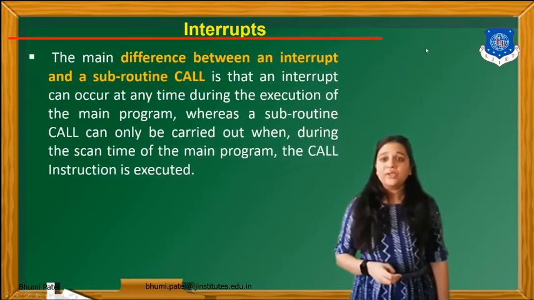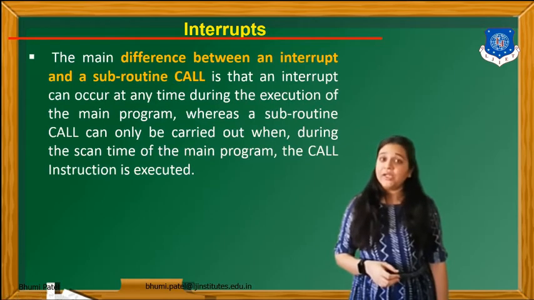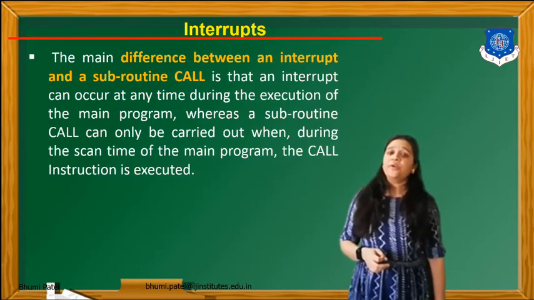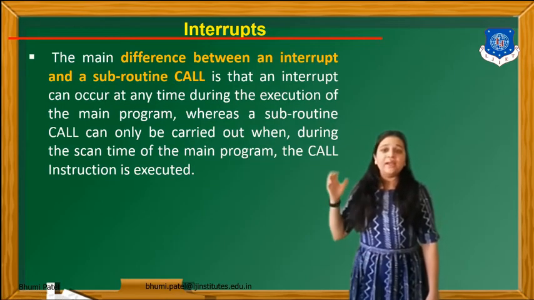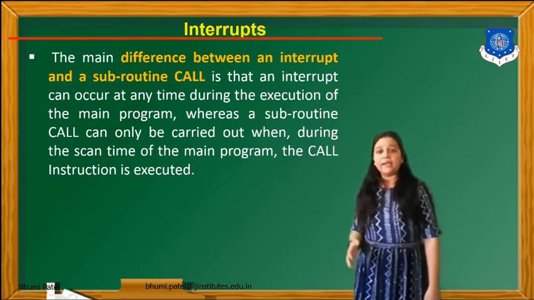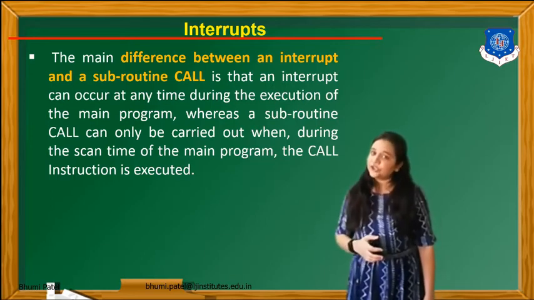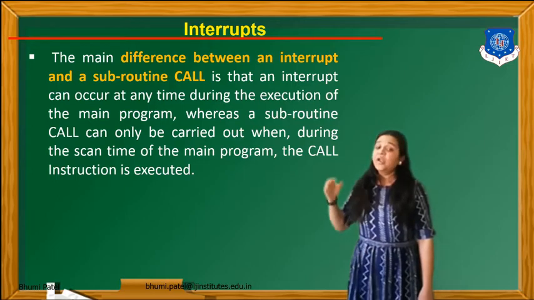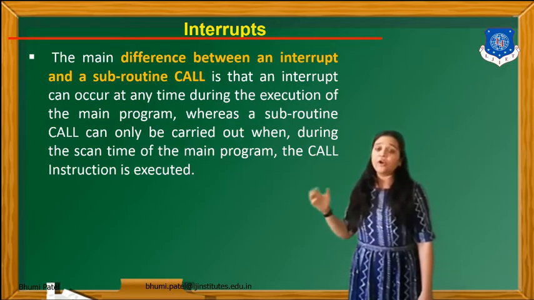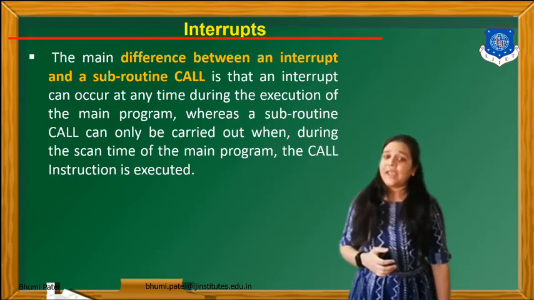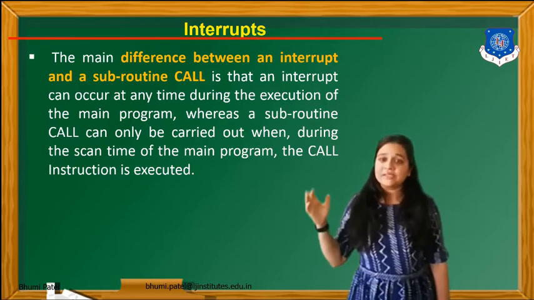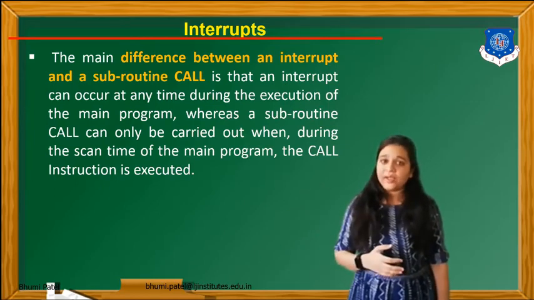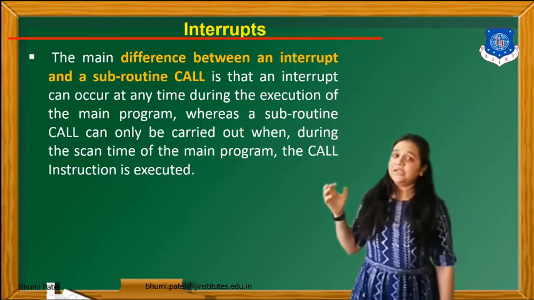The main difference between an interrupt and a subroutine call is that an interrupt can occur any time during the execution of the main program, whereas a subroutine call can only be carried out when, during the scan time of the main program, the call instruction is executed.